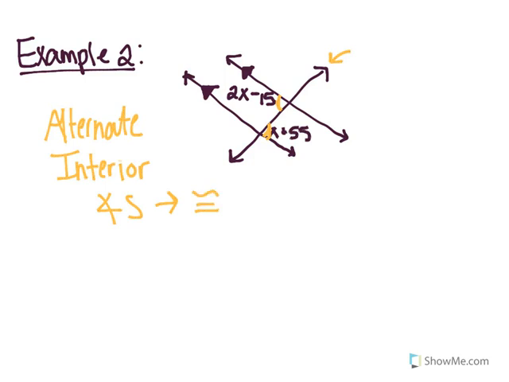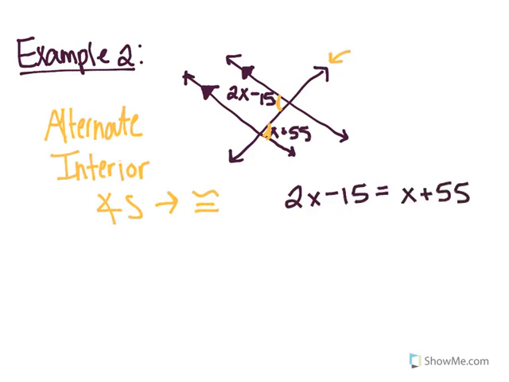So I need to set up an equation for these guys, and when I do that, I just set them equal to each other because that's what congruency means. So I set up my equation, which is going to be 2x minus 15 equals x plus 55.